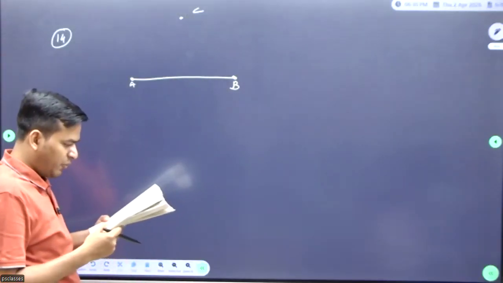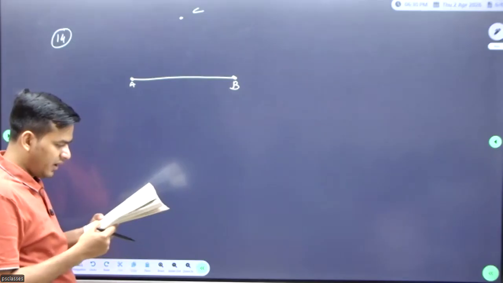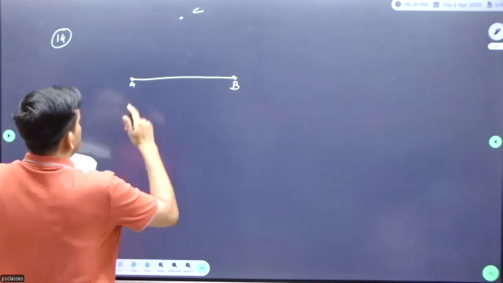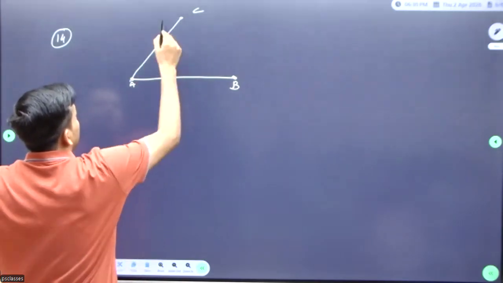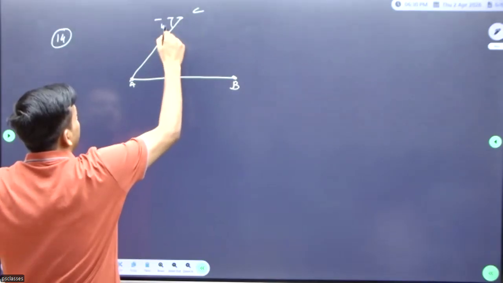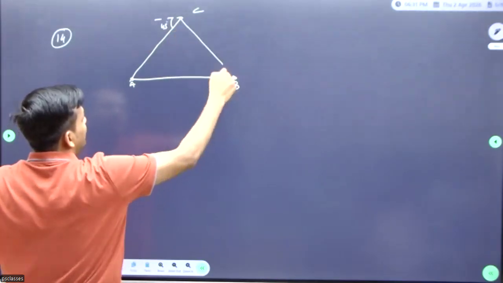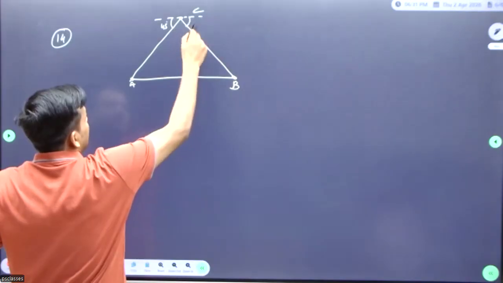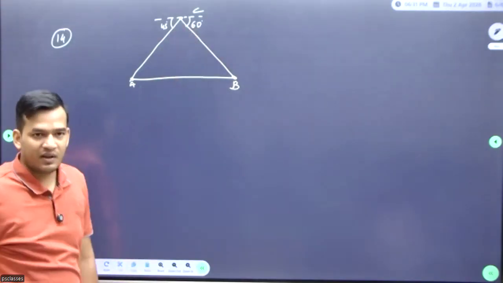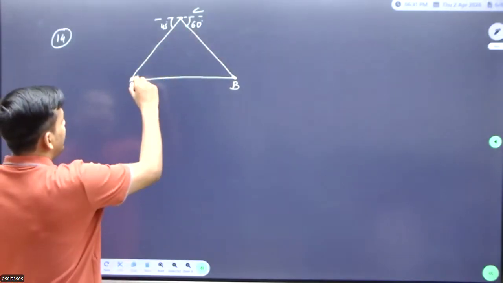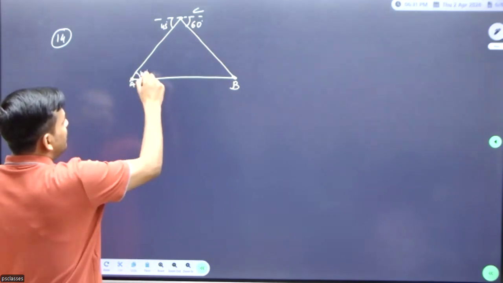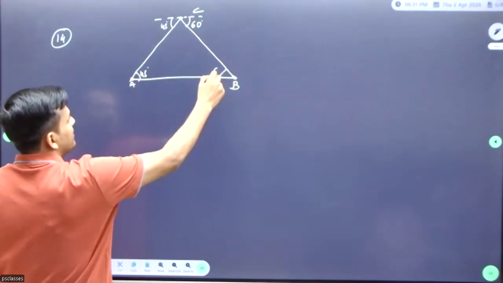And from this point C, the angle of depression of a boat is 45 degree. So suppose this angle is 45 degree, then the other one will be 60 degree. So using the alternate angle property, this angle will be 45 and this angle will be 60 degree.